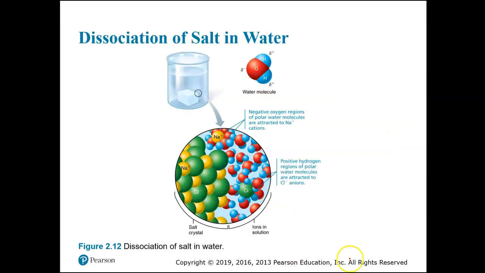This is showing you how sodium and chloride ions dissociate and dissolve in water. If you have a crystal of salt, the sodium ions will eventually become surrounded by water molecules, and since sodium has a positive charge, water will surround it with the oxygen end facing the sodium, because the oxygen end is negative.